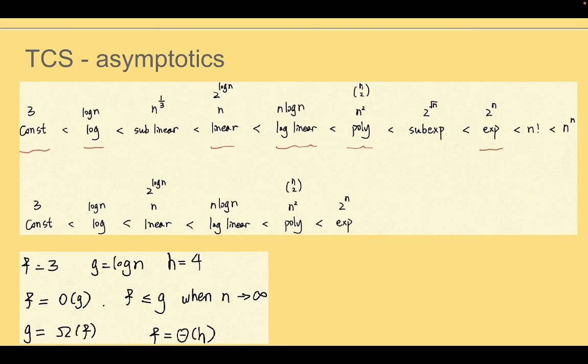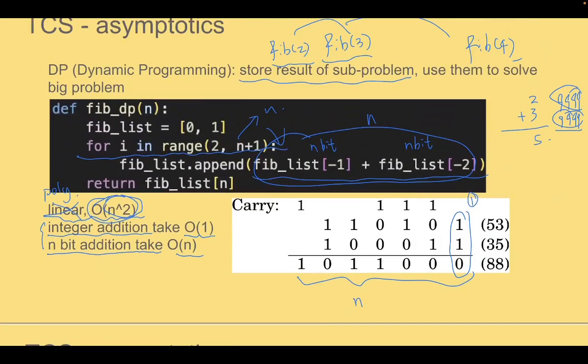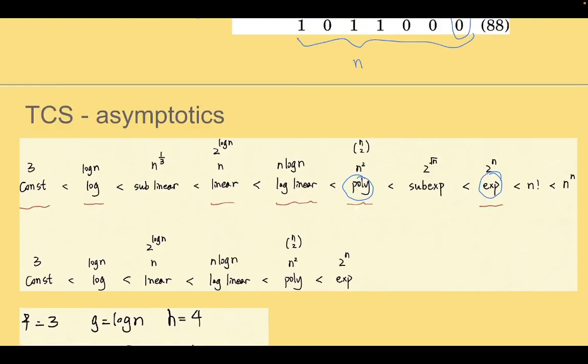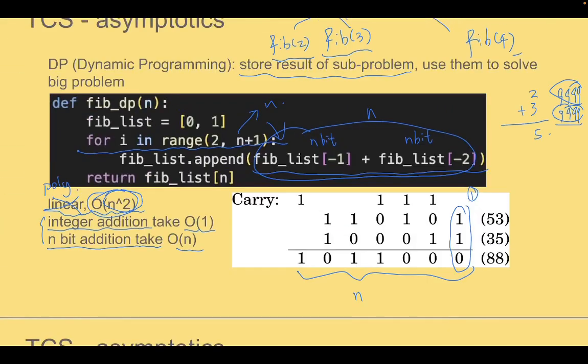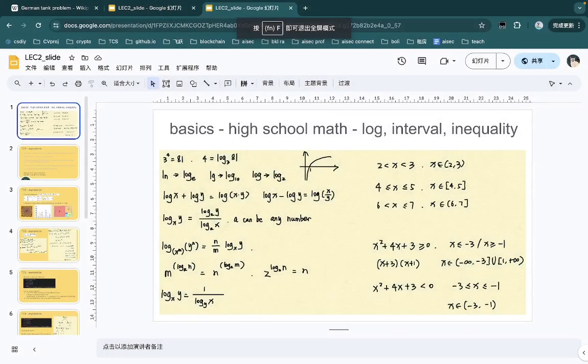And we have already seen that... maybe let me show you some code first. Where's my mouse?